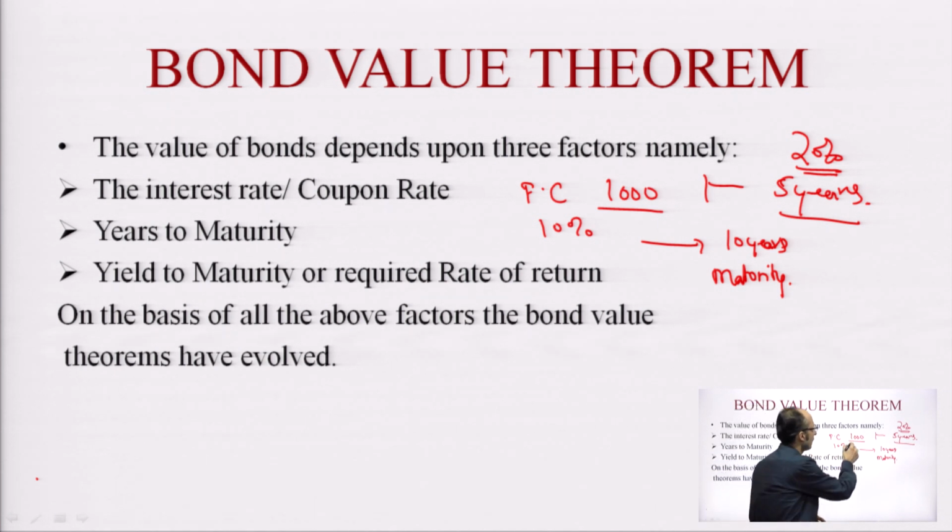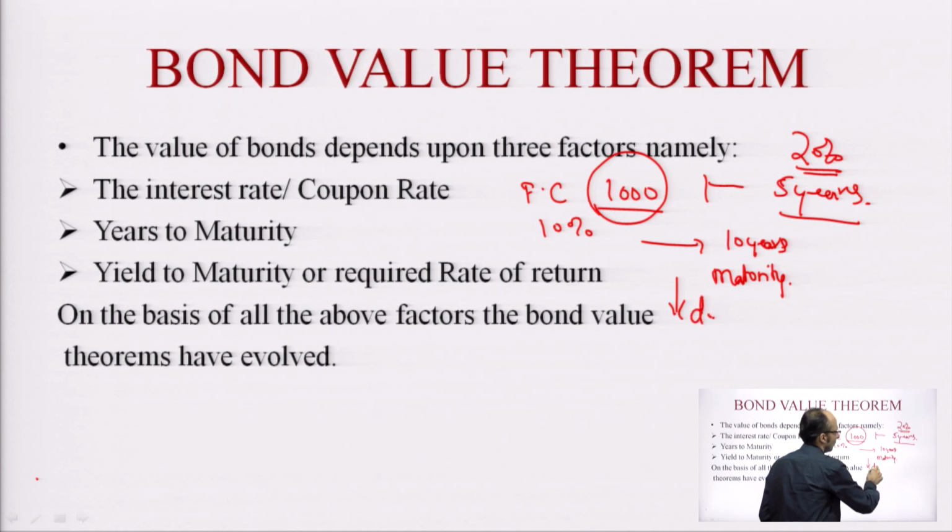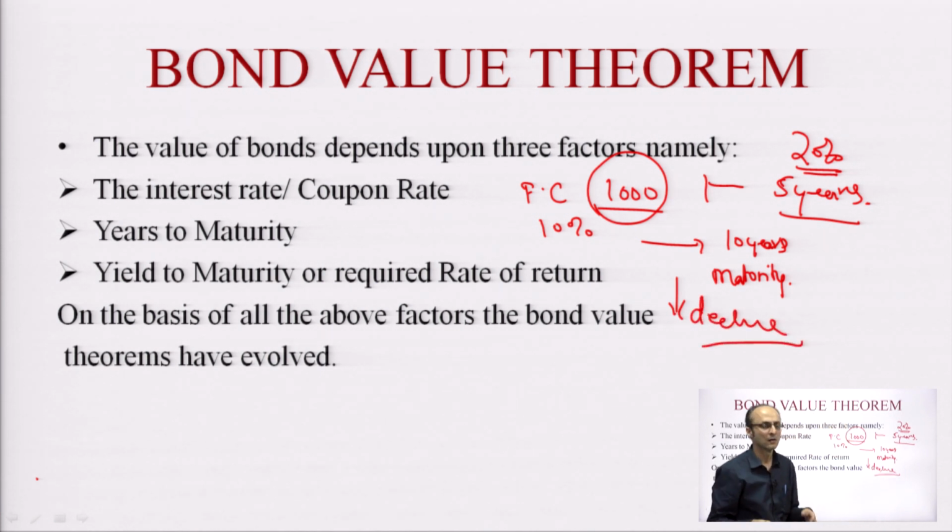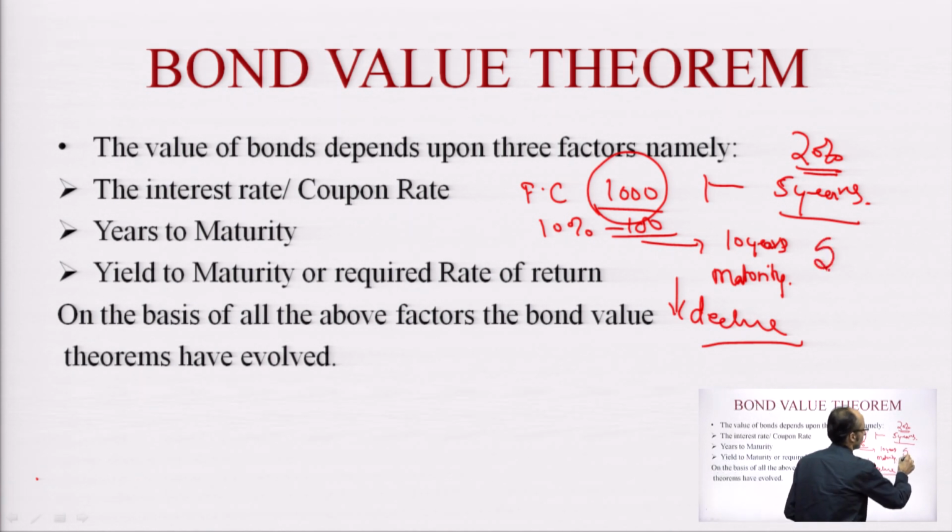Obviously, the value of my bond in the secondary market will decline. Why will it decline? Because the person who goes to the market after 5 years will not need to spend 1000 rupees to get 10%, that is 100, as interest. He just needs to spend 500 rupees to get these 100 rupees.